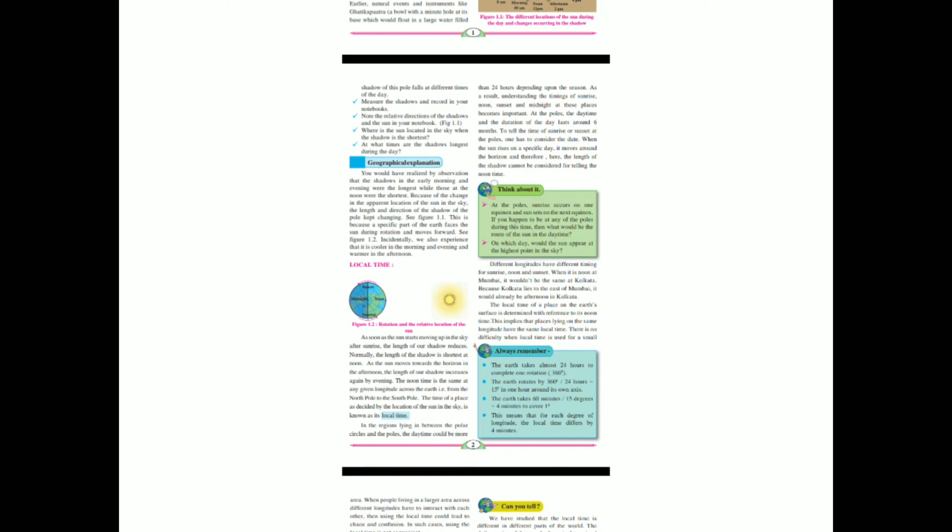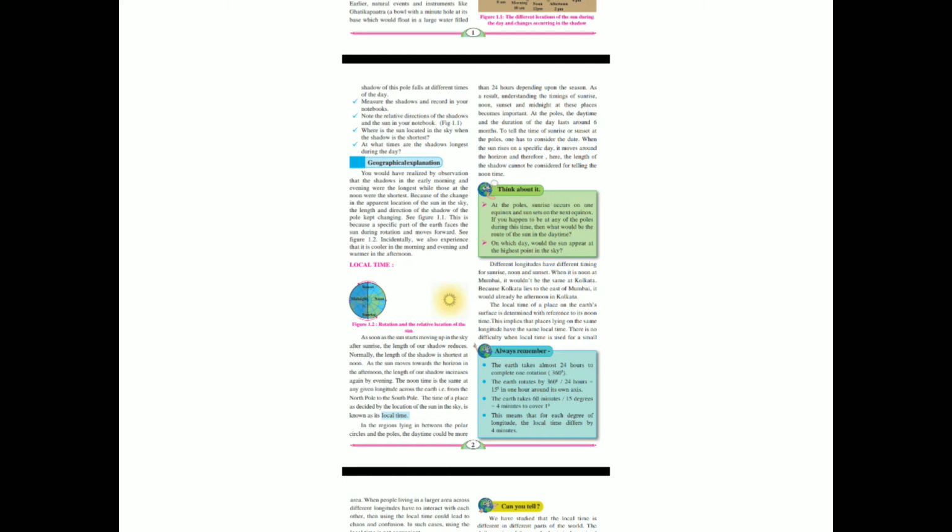This is because a specific part of the earth faces the sun during the rotation. You can see in the picture also, 1.2. Incidentally, we also experienced that it is cooler in the morning and evening and warmer in the afternoon.